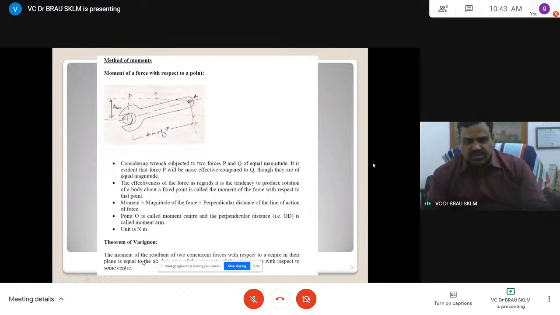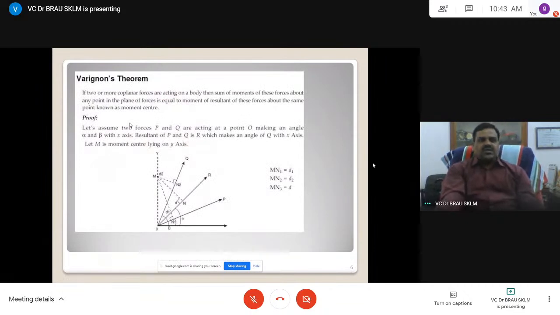Again the theorem: the moment of the resultant of two concurrent forces with respect to the center in their plane is equal to the resultant of the moments about that point, with respect to the same point. That is called Varignon's theorem.